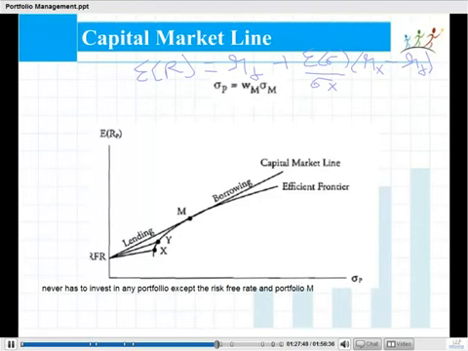Because the best risk return profile can be created by investing in portfolio M and the risk-free rate. So an investor never has to invest in any portfolio except the risk-free rate and portfolio M.